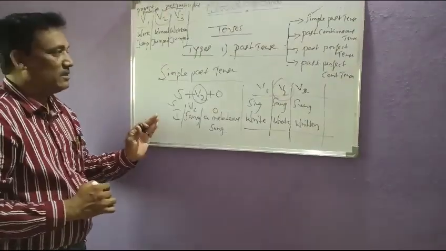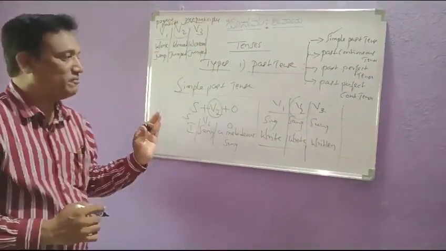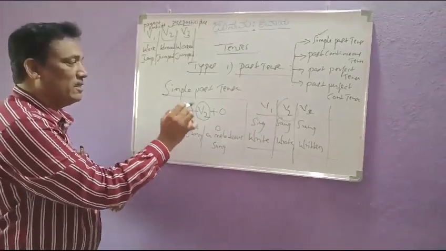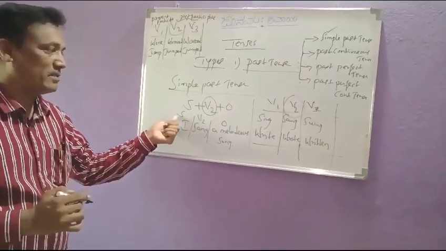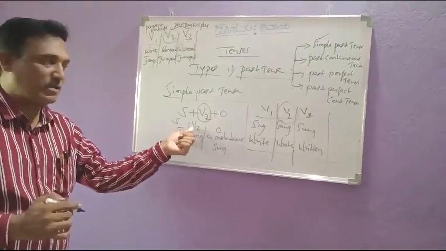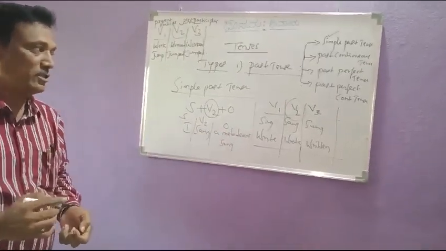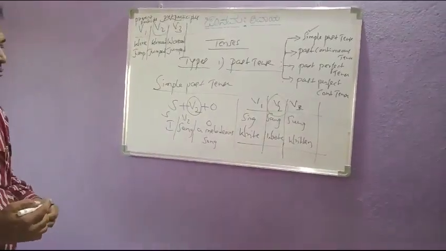So this is how we can learn English and how we can speak in English. So simple past tense means subject plus V2 plus object. Here I stands for subject, sang stands for V2, and a melodious song stands for object. So this is the best way to learn English.